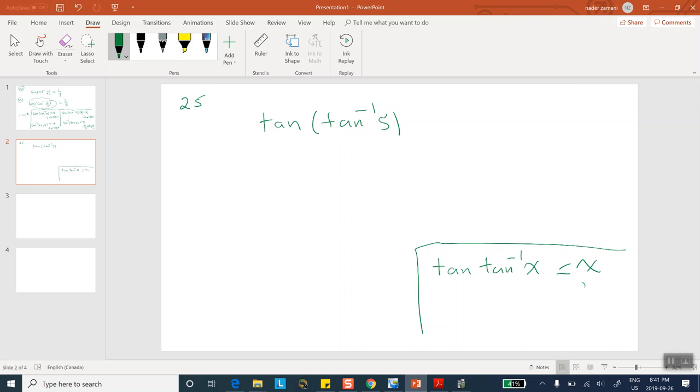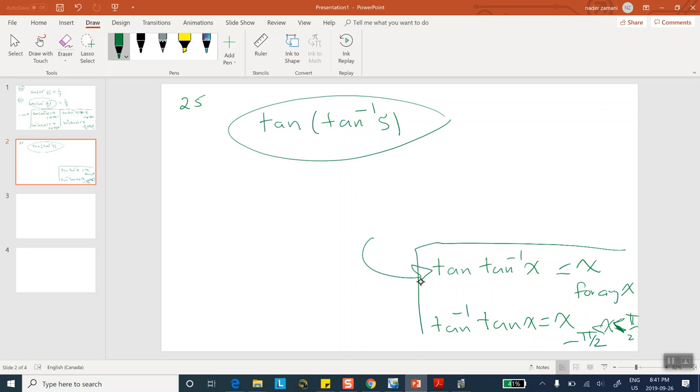This is equal to x for any x. And tan inverse tan of x is also equal to x as long as x is between, not equal to, pi over 2 and minus pi over 2. Okay, so this one actually uses that guy, and the answer is 5.